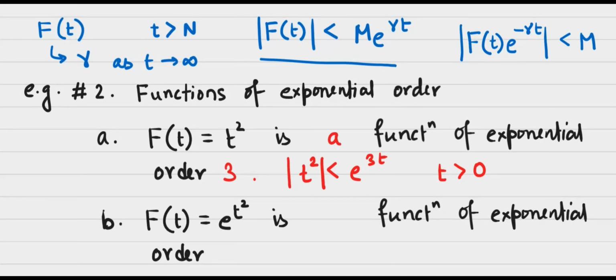This is certainly useful in case B, where we have e to the power t squared minus gamma t.